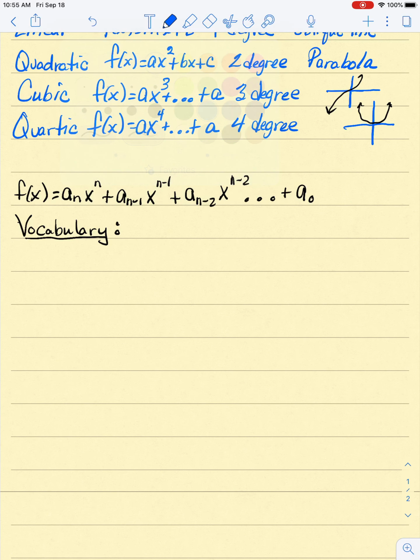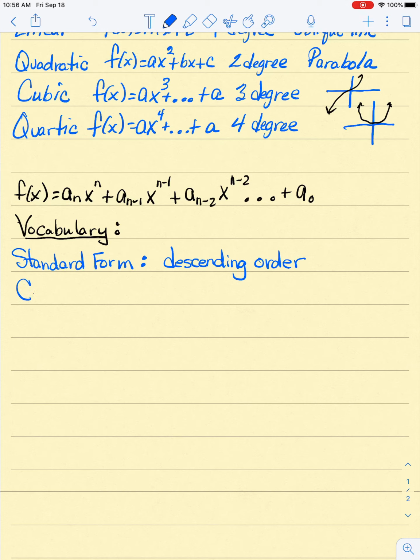One word we would have is that it is in standard form. If we're saying that polynomial's in standard form, we just mean it's in descending order, just like this one I put up here generically. Coefficients.